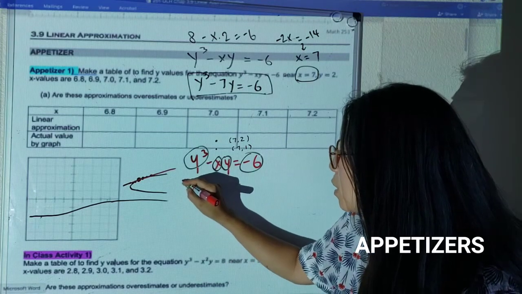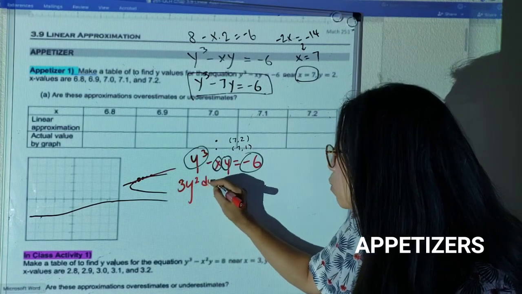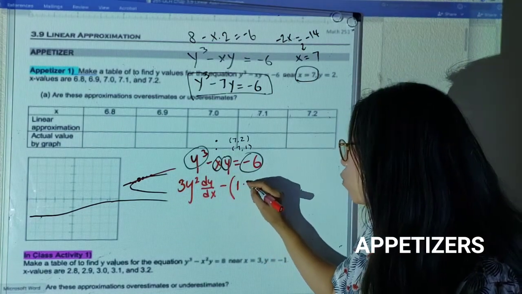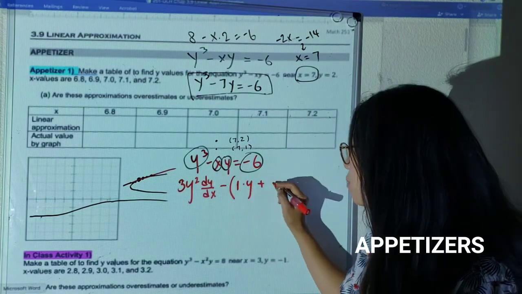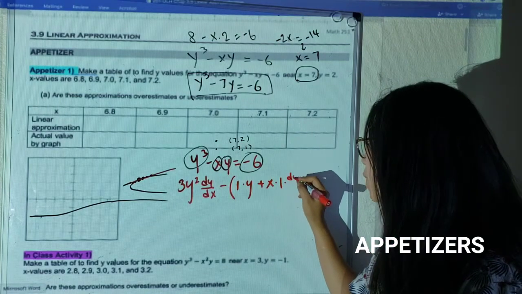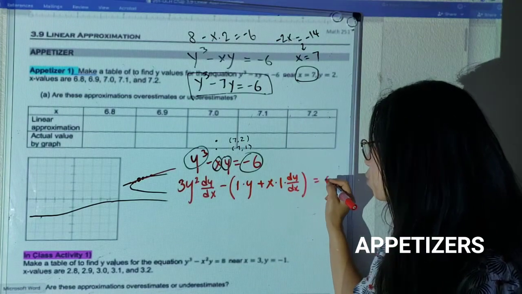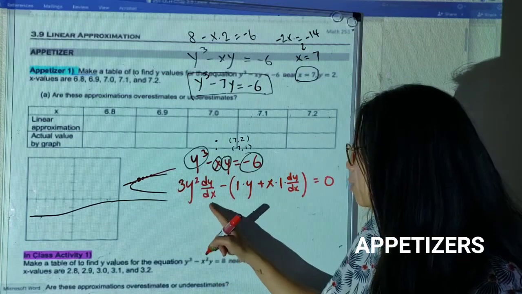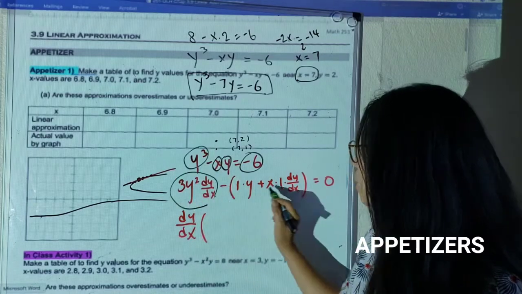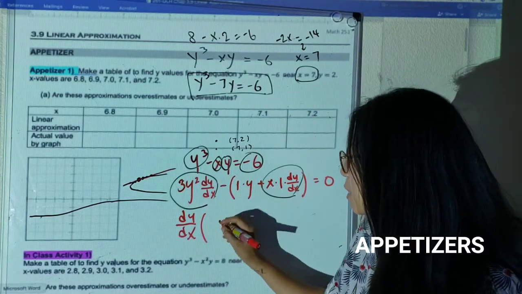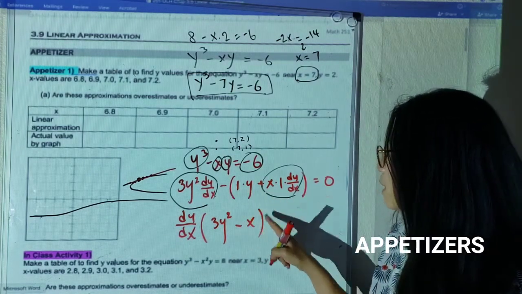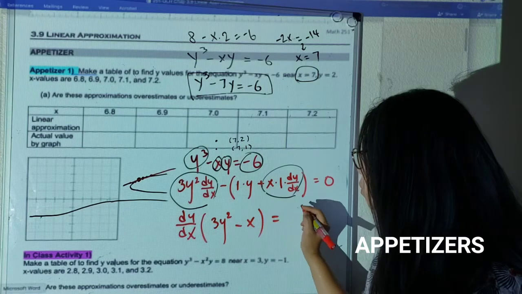This is going to be 3y squared dy/dx, minus, in parentheses, chain rule: 1 times y plus leave x and take the derivative of y, which gives dy/dx, equal to 0. Okay, so let's organize by dy/dx. I see two terms in here. If I factor out dy/dx, it will be 3y squared minus x. Are you following okay?